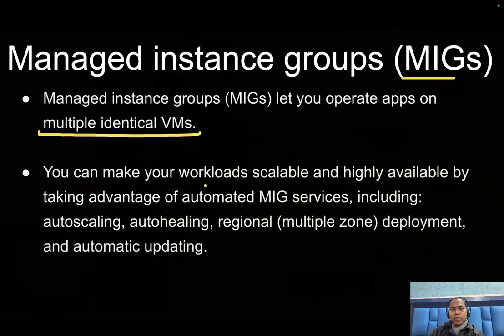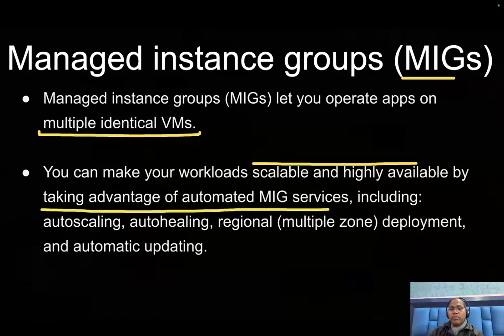Here you can build a workload that is a highly scalable and available application. If your requirement is for your applications to be highly available and highly scalable, in those scenarios you can take advantage of a managed instance group to automate those services.